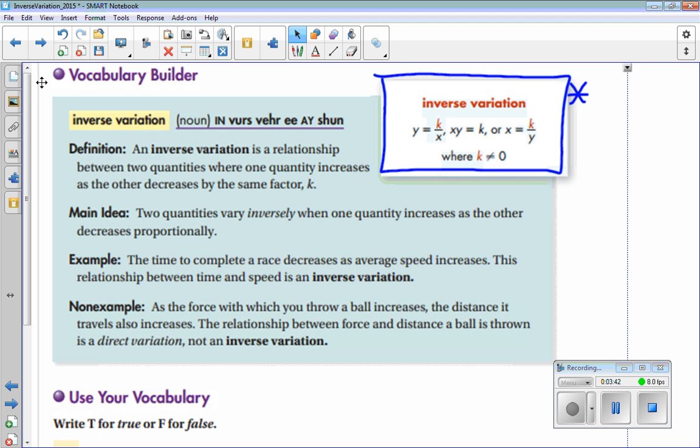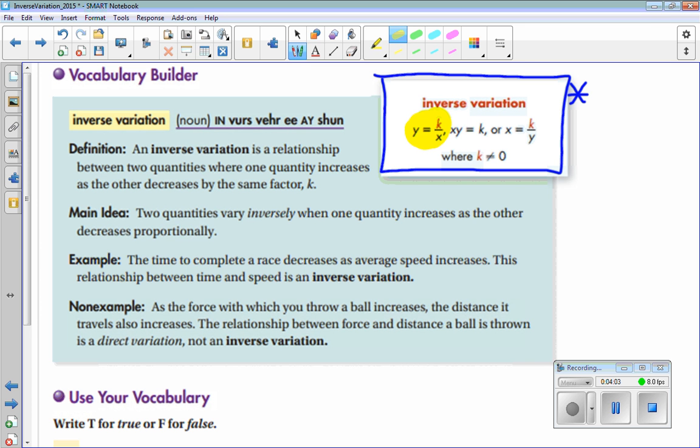Now, y equals k over x is often what I use, just that portion there. There are other ways to write it. You could also say xy equals k. I don't typically use that as much. Or you could say x equals k over y.